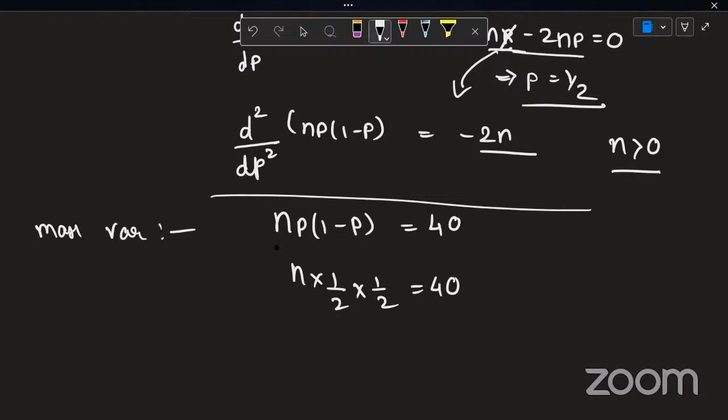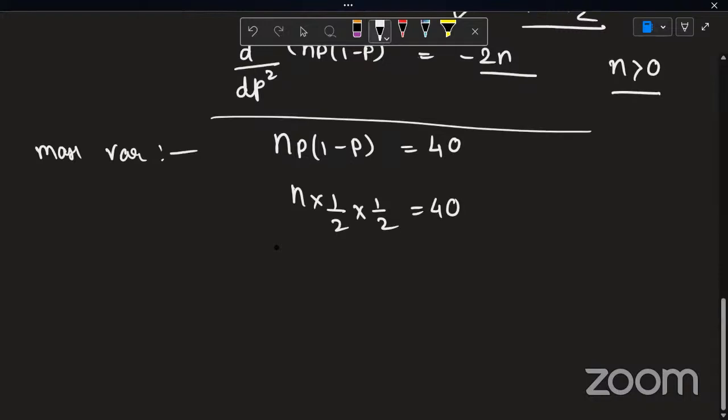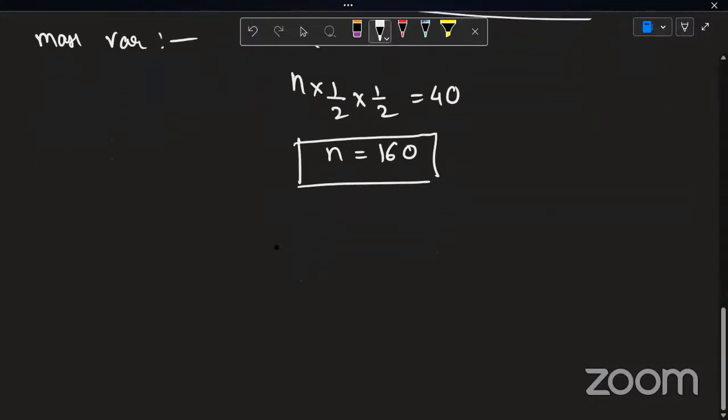Maximum variance. So from here, n is equal to 165.